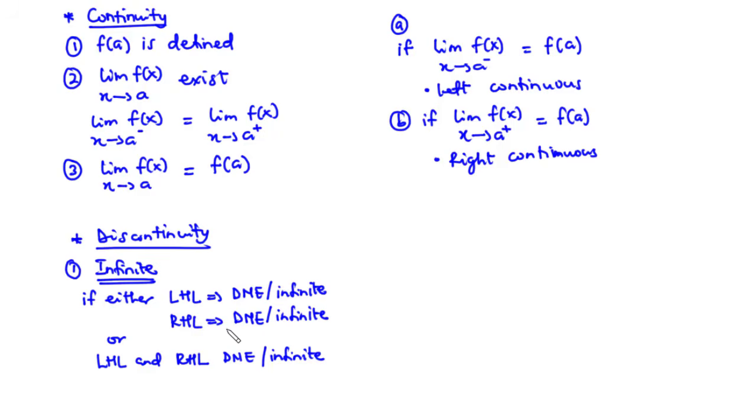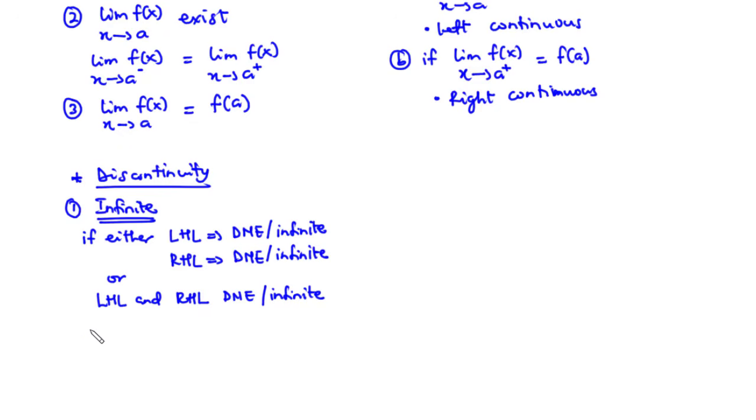If this happens, then it means that the general limit of the function as x approaches A does not exist, that is A. And then B, if f of A is not defined.